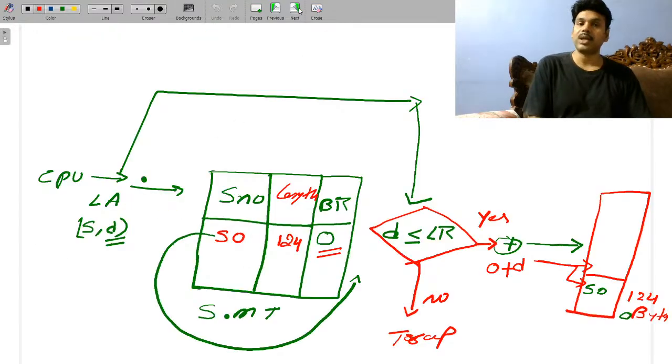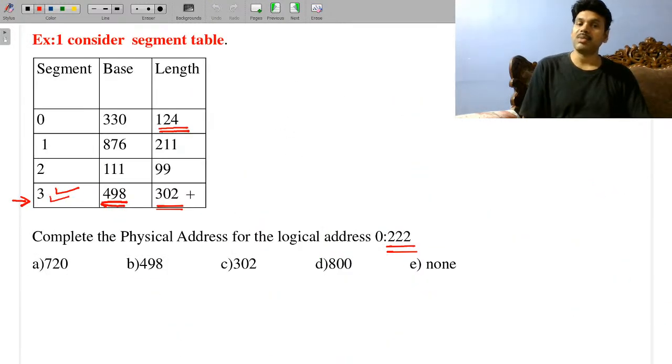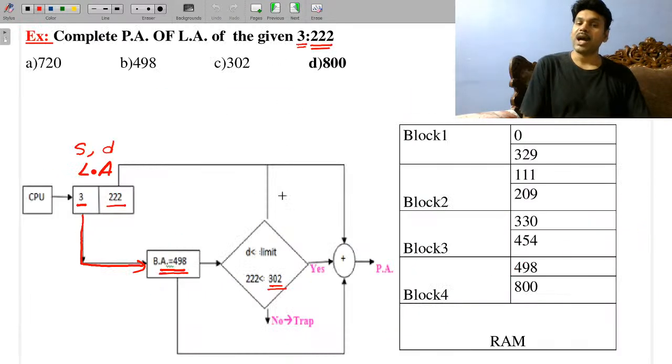Now let us look at the diagram. Whenever it is available, it immediately gets its base address, that is 498, and it also takes your limit value. So the limit value is 302 and your base value is 498. Please understand, 302 and 498. Therefore, I am going to cross check. You are requesting 222. Your 222 is less than or equal to your limit value.